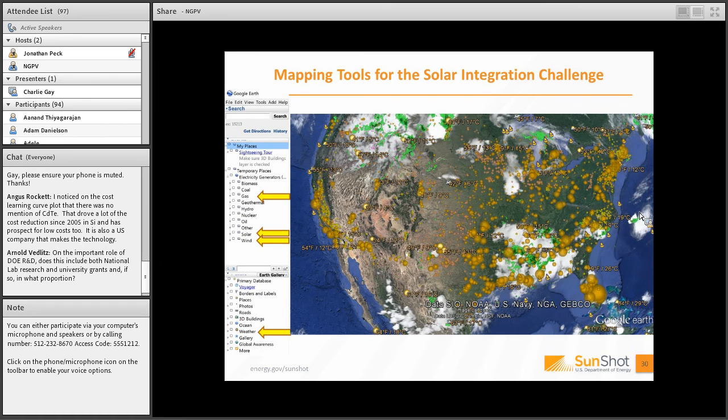In the U.S., we have over 3,800 different utilities, and we have over 18,000 authorities having jurisdiction. An AHJ is one of the most important people involved now in the value chain of getting solar deployed in rooftop systems, residential as well as commercial. On the next slide.